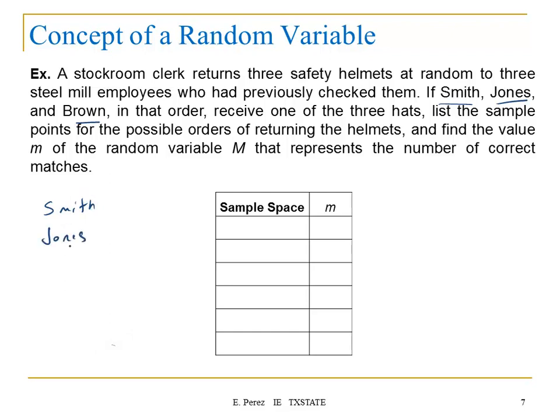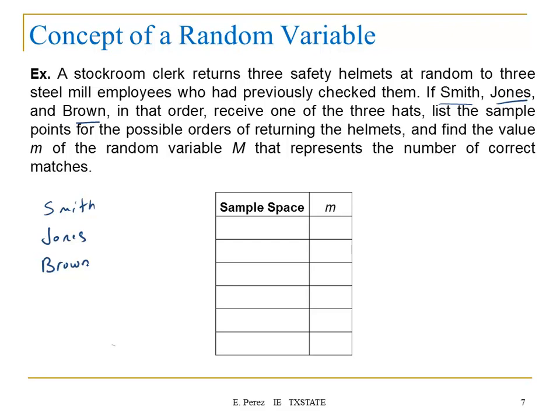And they received the helmets in that order. List the sample points for the possible orders of returning the helmets and find the value of M of the random variable M that represents the number of correct matches.